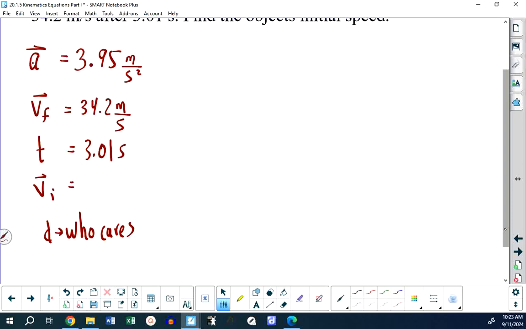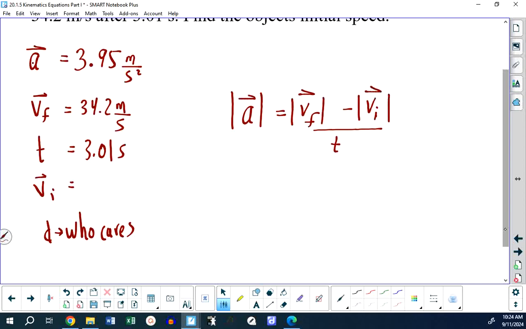And that's going to be A equals Vf minus Vi over T. And here's where I've said that I would rather you write this if you don't care about direction, right?